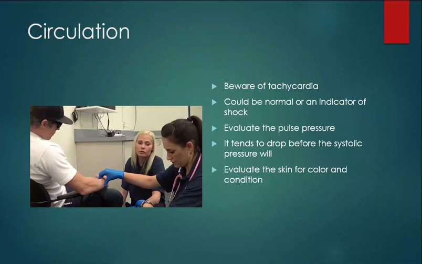Again, when the blood begins to be shunted away, the skin becomes pale, cool, and diaphoretic. Okay? In shock caused by loss of blood, it's unlikely that your patient will become cyanotic. Why?